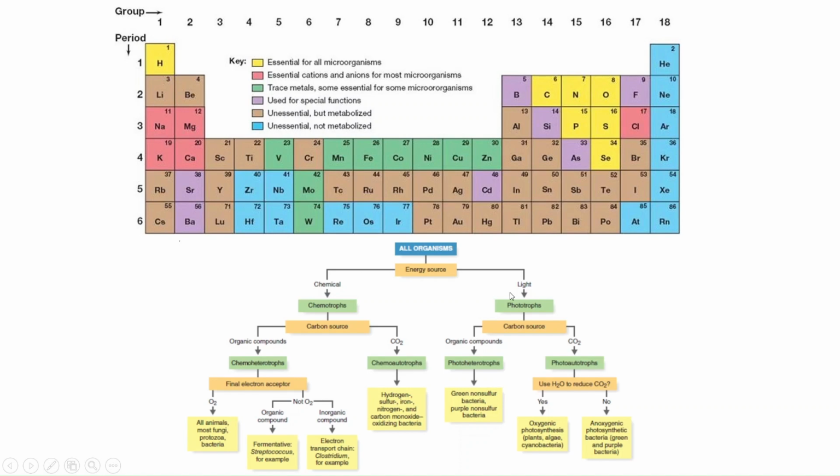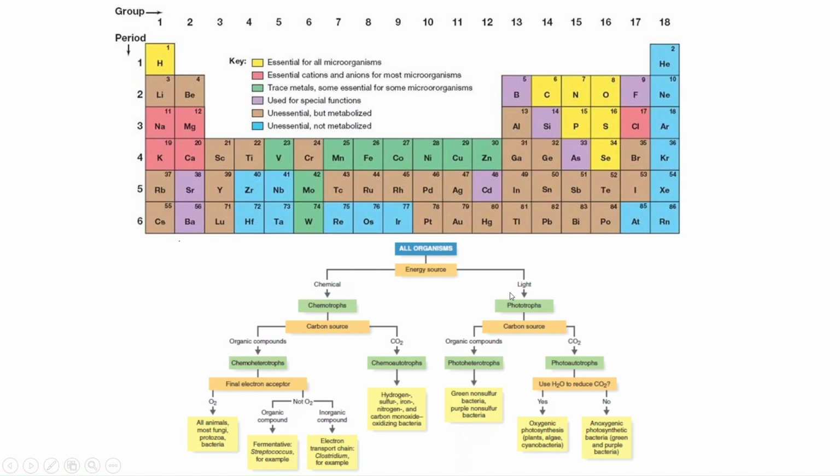So in the case of chemotrophs, their carbon source can either be organic or inorganic. When they use organic compounds, you call them chemoheterotrophs. When it is carbon dioxide, you call them chemoautotrophs.